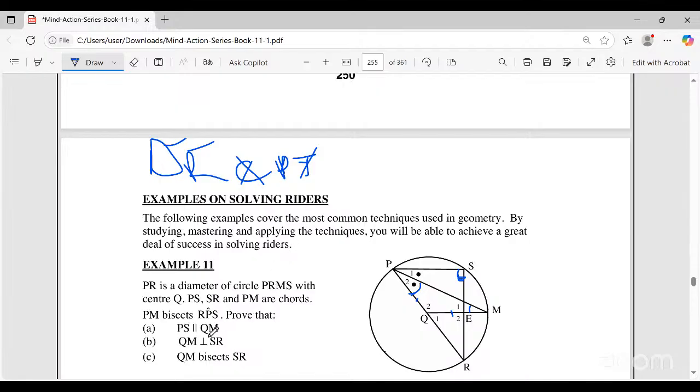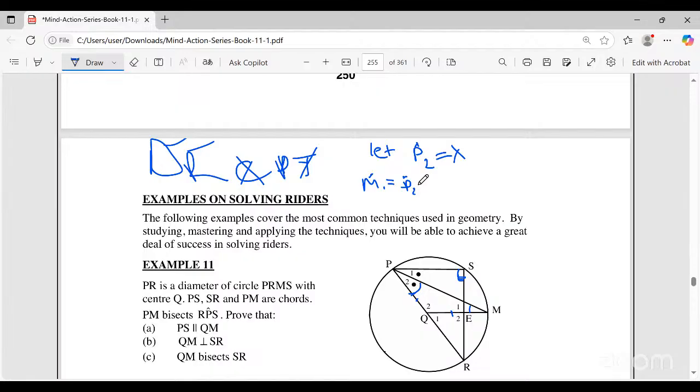The first question, we are required to prove that PS is parallel to QM. Guys, what can we do to prove that? Let's see. I can say let angle P2 be X. Then if angle P2 is X, my M1 is going to be equal to P2.